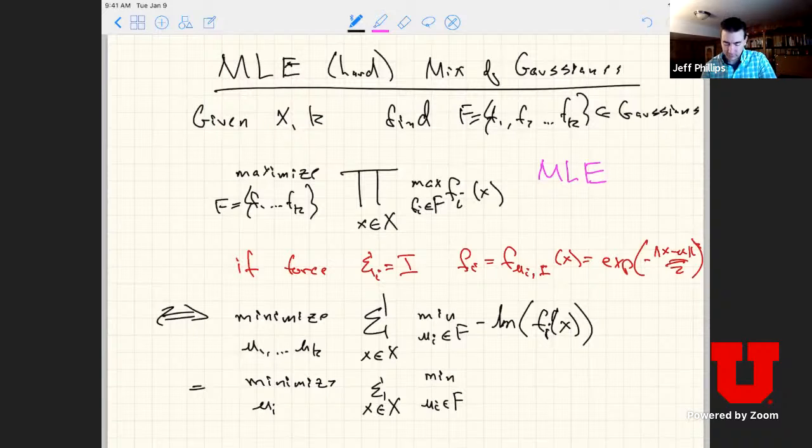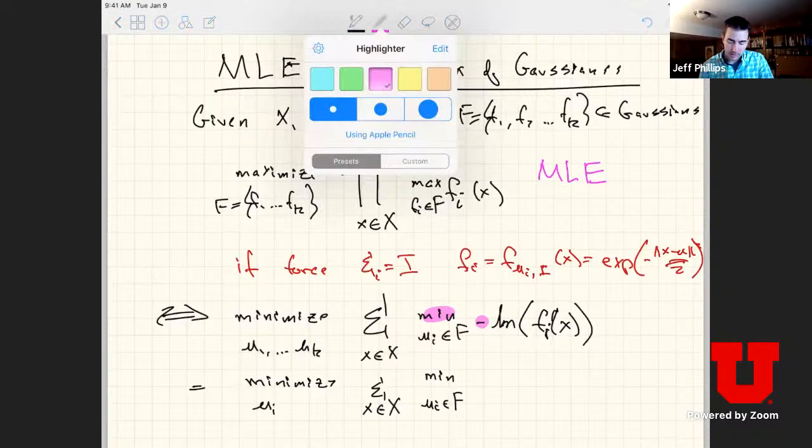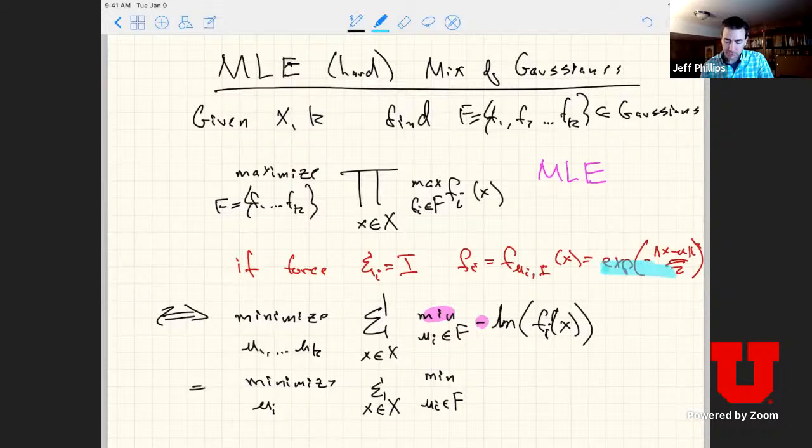log of each of these, because this negative allowed me to turn the max into a min, right? If I take the natural log of this exponent over here, then the natural log and the exponent cancel, the minus signs cancel, and I'm going to get x minus mu I squared divided by 2.